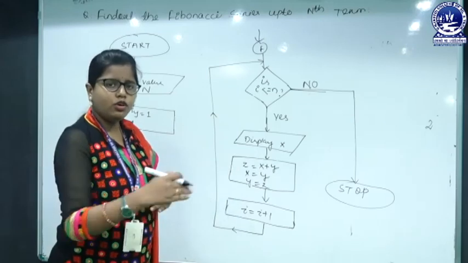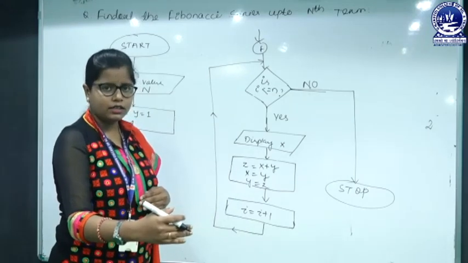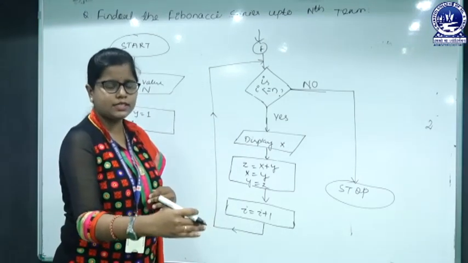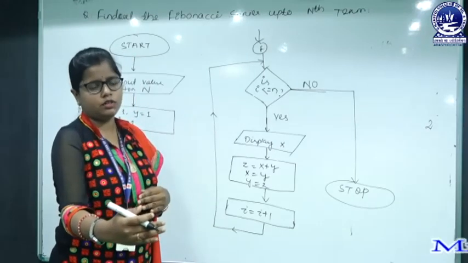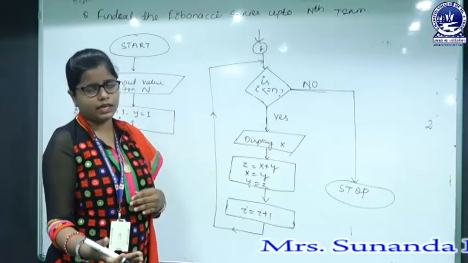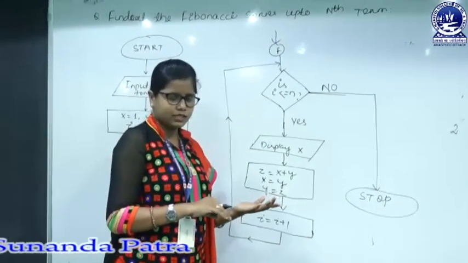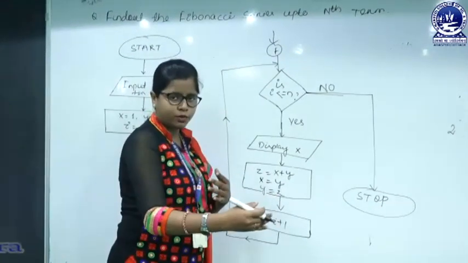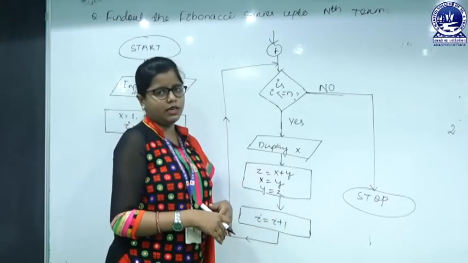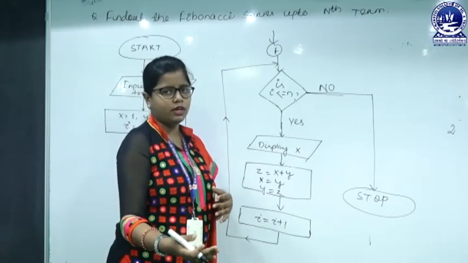Then we need to go ahead, that means x will move to the next term, y will move to the next term, and the z value will again be calculated. So for that we are moving the y value into x so that x can move forward, and the z value into y so that y can move forward.